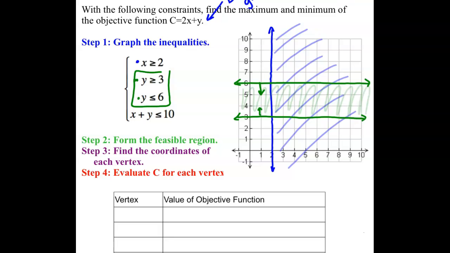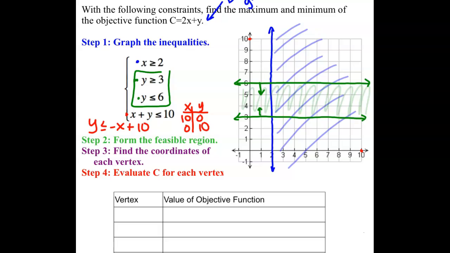And then our third inequality says x plus y is less than or equal to 10. If we graphed it with intercepts, putting a 0 in for each one of our variables one at a time, we would get 10 for the other variable. So this is a nice, easy way to get this graph done. If you want, you can solve this for y instead by subtracting the x to the other side.